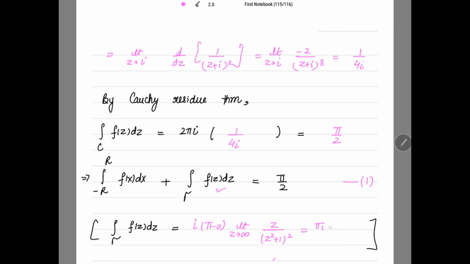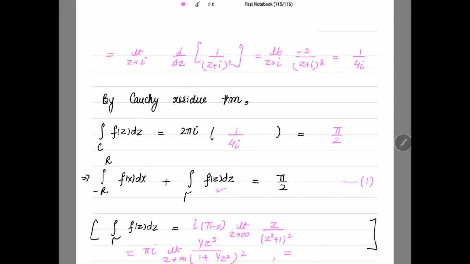You will be getting πi limit z tends to infinity 1 over z cube over (1 + 1 over z square) whole square.